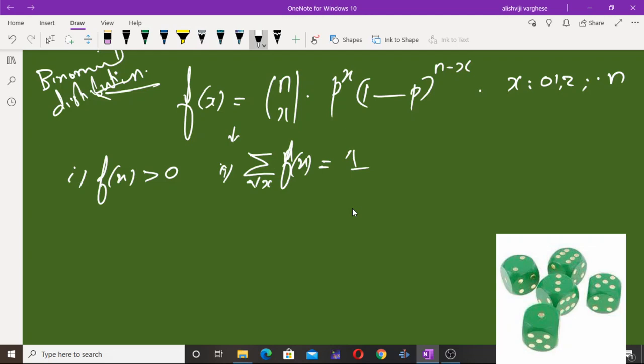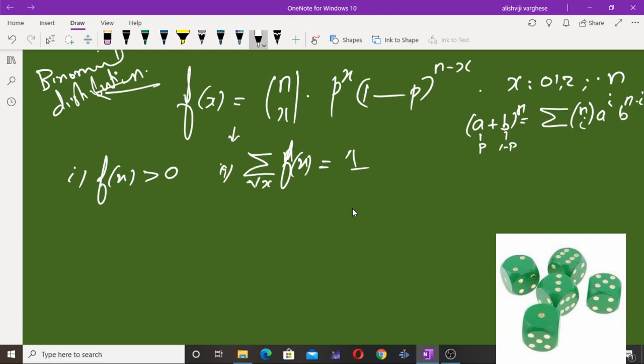If we look at the expansion of a plus b the whole raised to n, which is our binomial expansion, this is equal to summation nCi a raised i b raised n minus i, and in our case a is equal to p and b is equal to 1 minus p.